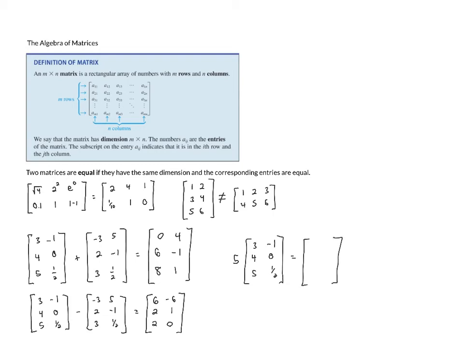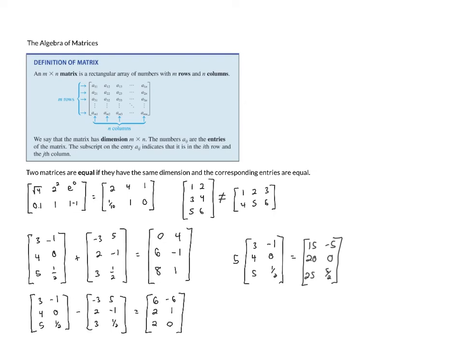So 5 times 3 is 15, 5 times -1 is -5, 5 times 4 is 20, 5 times 0 is 0, 5 times 5 is 25, and 5 times 1/2 is 5/2. So here we have seen how we can multiply a matrix by a constant and also add or subtract two matrices with the same dimensions.